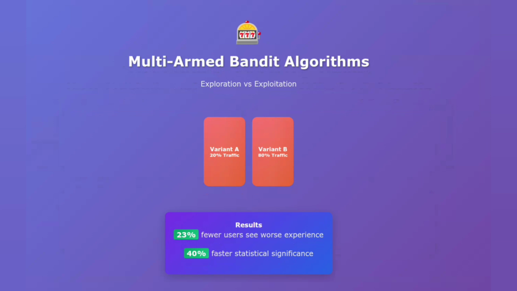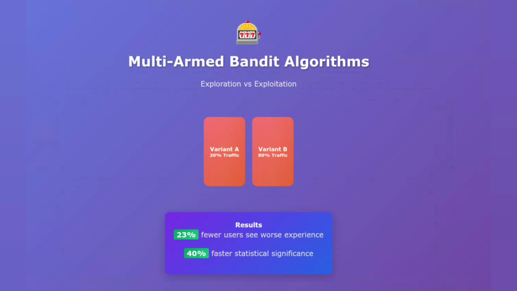Imagine you're in a casino with multiple slot machines, each with unknown payout rates. The challenge is maximizing your winnings while learning which machines are best. This is exactly what A/B testing faces: exploration versus exploitation. You need to explore different variants to learn their performance, while exploiting the best ones to maximize conversions.